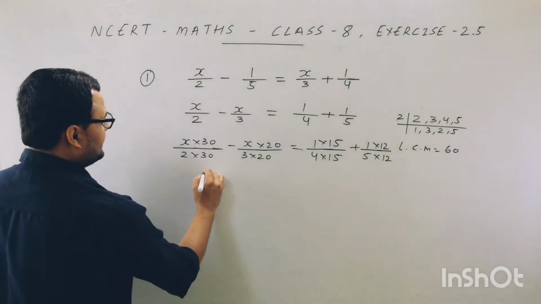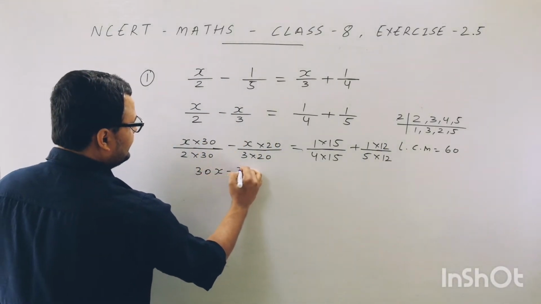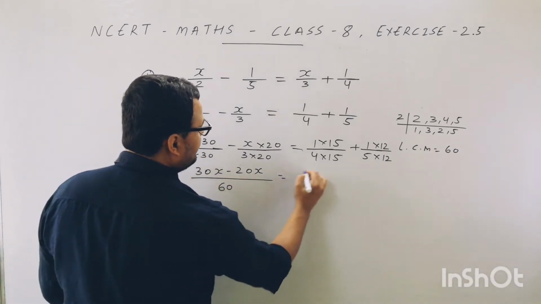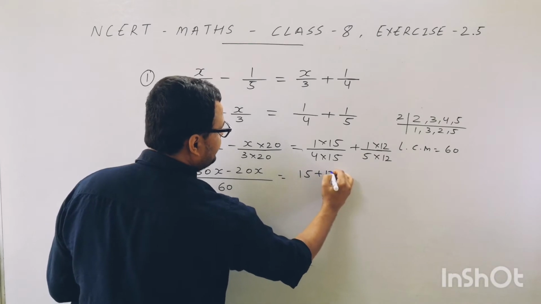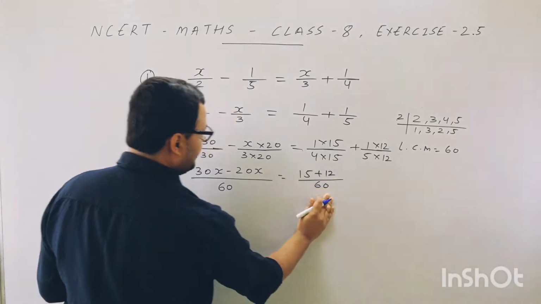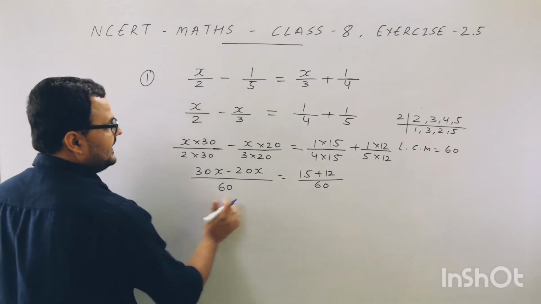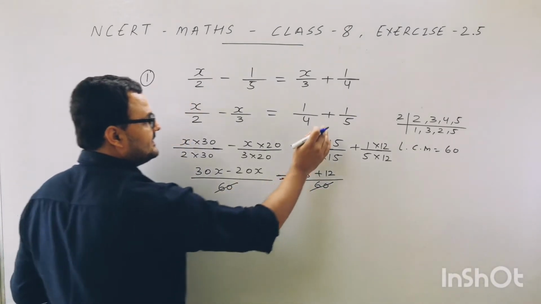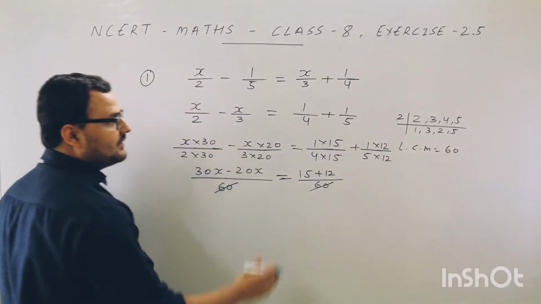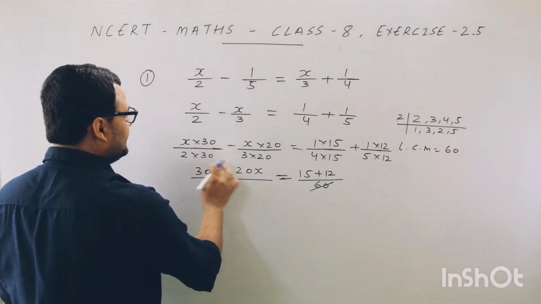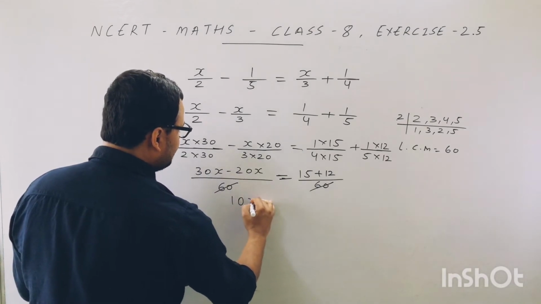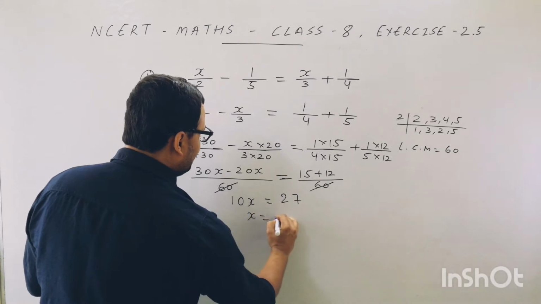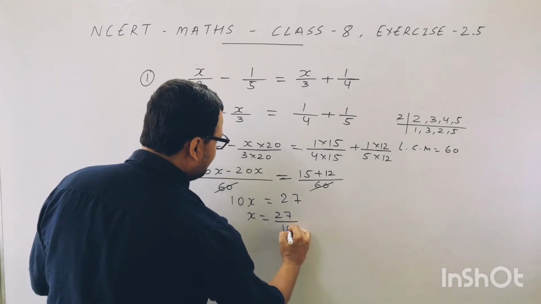So now I got 30x minus 20x by 60 equal to 15 plus 12 by 60. Now 60 is the denominator on both sides, so that will be cancelled. That's why I did all the LCM together. Now 30 minus 20, I got 10x equal to 15 plus 12, 27. Then x will be 27 by 10.